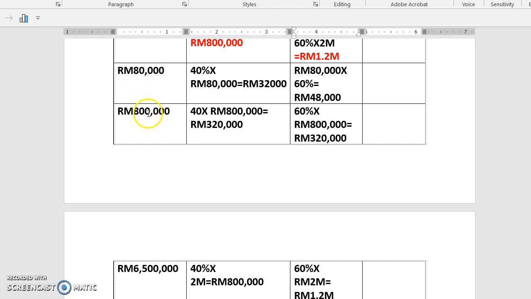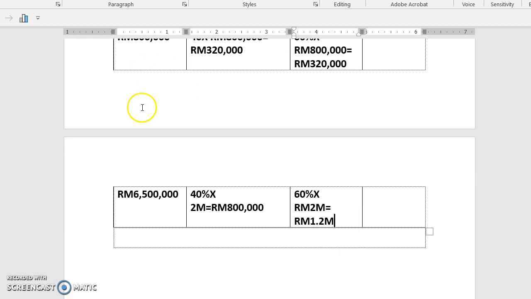The same goes with 800,000, also below the maximum limit. But the last sum insured, 6.5 million, is more than the maximum limit. So meaning here we have a surplus.